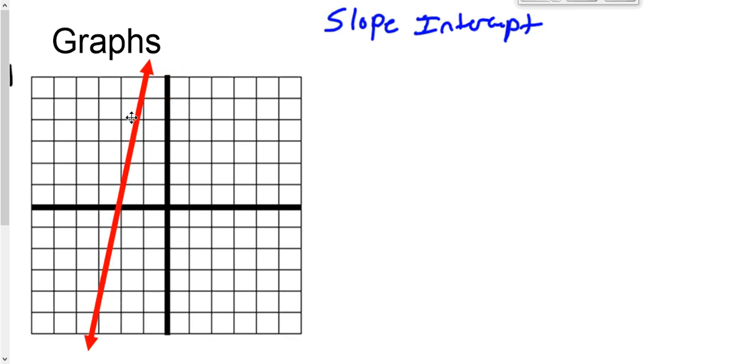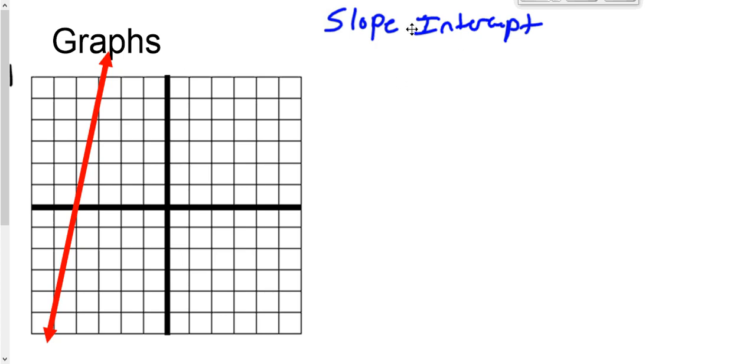So when you have a graph like this, you want to use slope-intercept form as your first attempt. Always slope-intercept form. The only time you wouldn't use slope-intercept form is if maybe the line's way over here and you don't have a y-intercept. We don't know where this line is going to cross the y-axis.